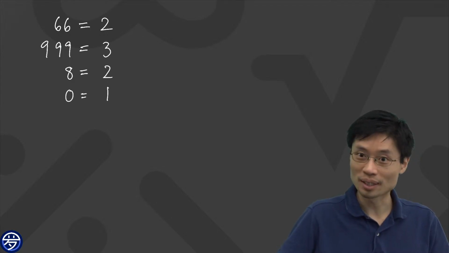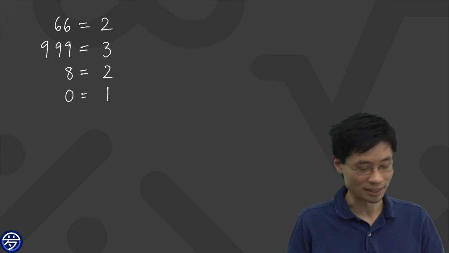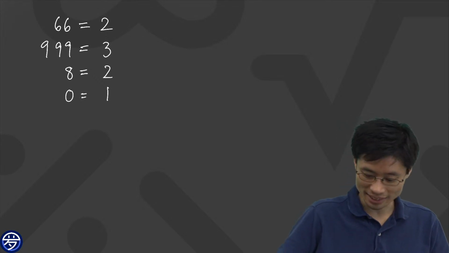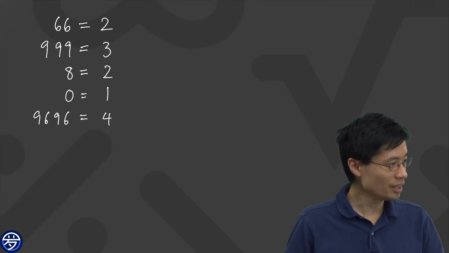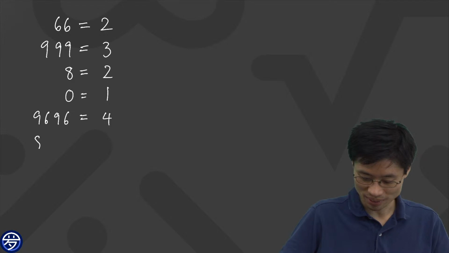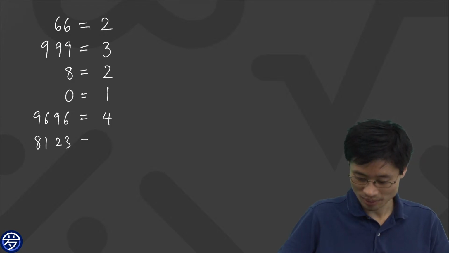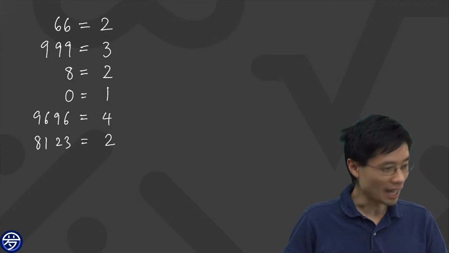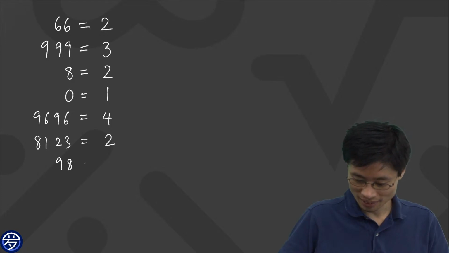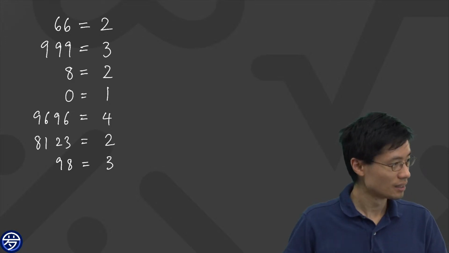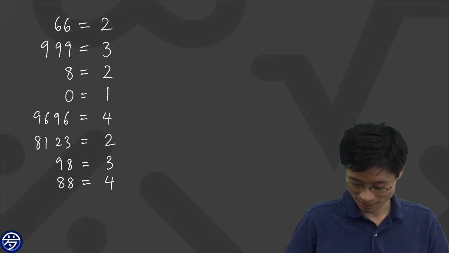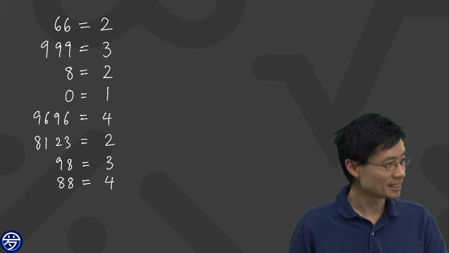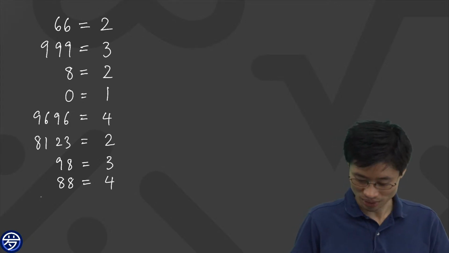The good thing is you're giving me lots of information, so we can hopefully find a pattern. 9696 equals 4. 8123 equals 2. 98 equals 3. And 88 equals 4. Finally, the question comes, what is 816982?